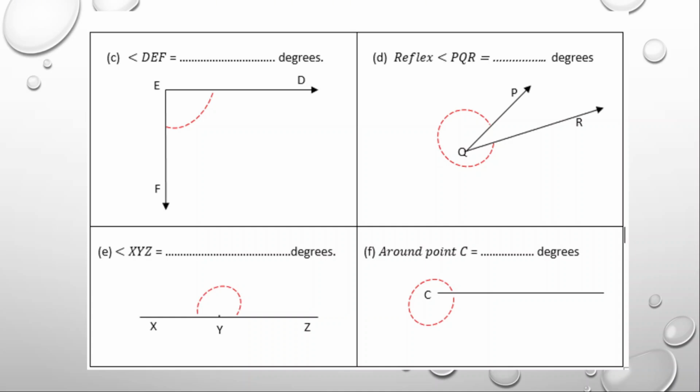Center point on Q, baseline on QR, start counting. You use your inner scale. Naught, 10, 20, 30, whatever you have, and subtract from 360.